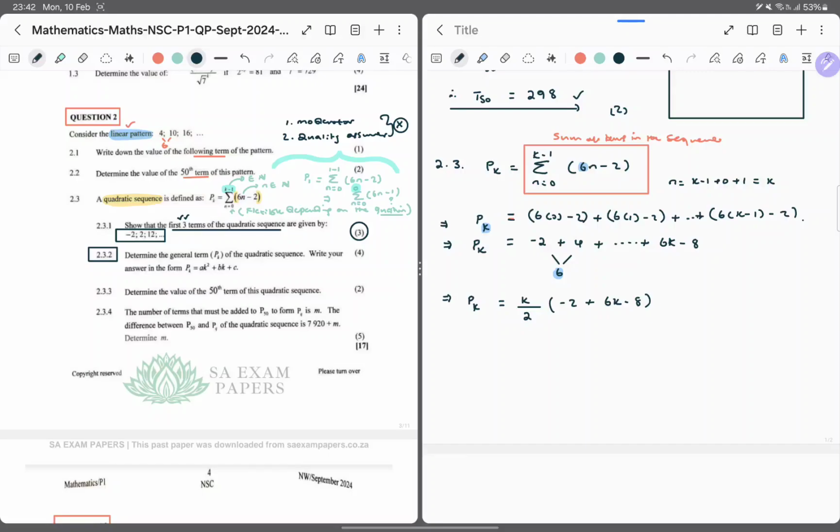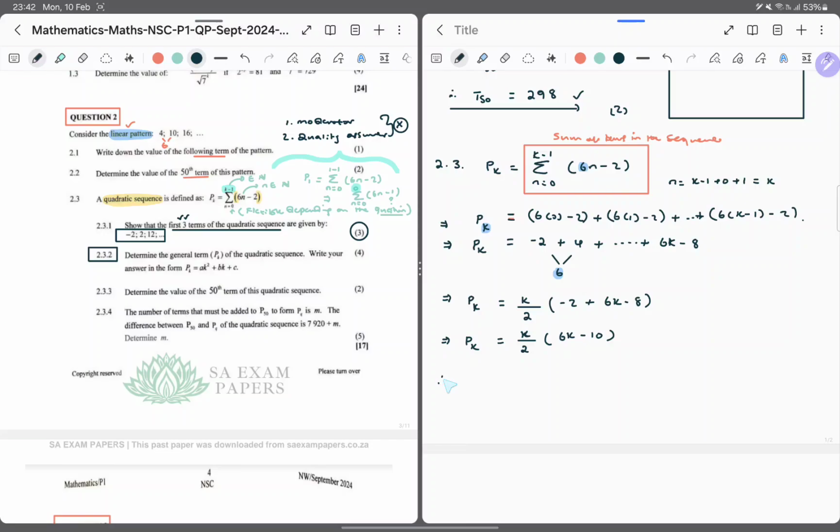Now we sort it out and say this implies that P sub k is going to be k over 2 into 6k minus 10.